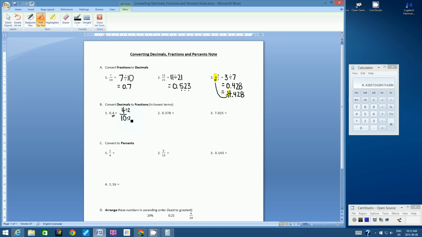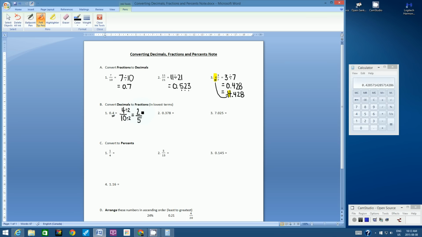Now again, showing all your steps. So let's work on the numerator. The new numerator will become 4 divided by 2. 4 divided by 2 is 2. The new denominator is 10 divided by 2, which is 5. Okay, now we always have to keep asking ourselves, is this the lowest term?